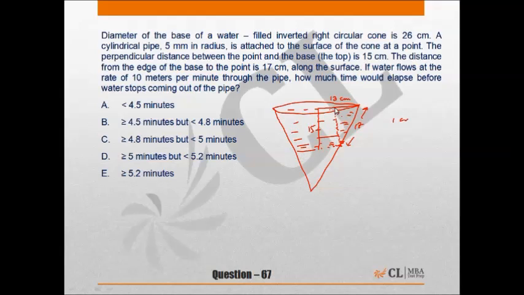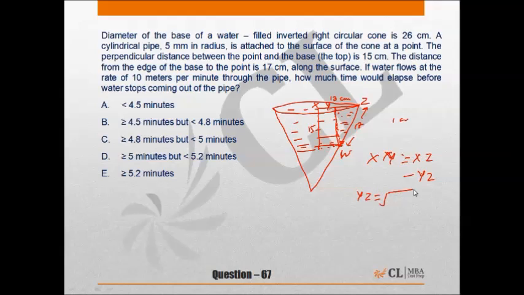So if these points are marked as x, y, z, w, then xy will be equal to xz minus yz, and yz can easily be computed as wz is 17 and yw is 15.